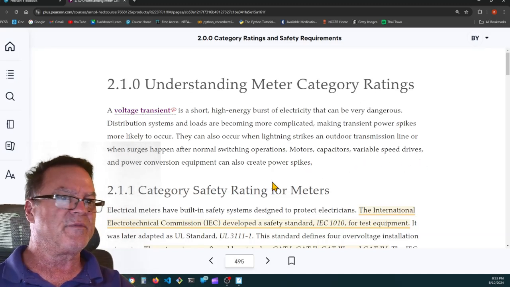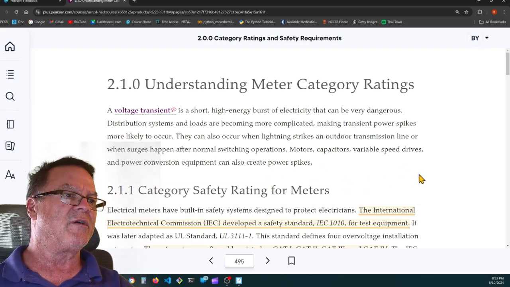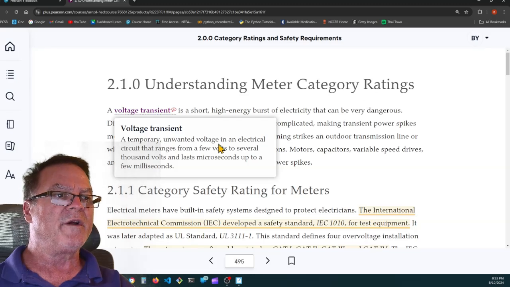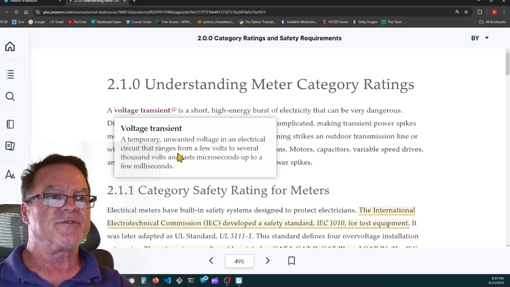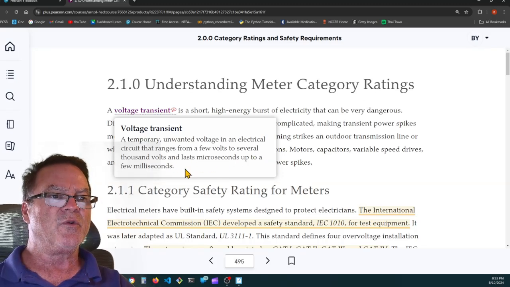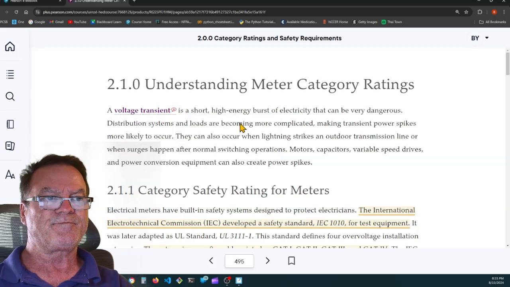Motors, capacitors, variable speed drives, and power conversion equipment can also create power spikes. So a transient is a temporary unwanted voltage in an electrical circuit that ranges from a few volts to several thousand volts and lasts microseconds up to a few milliseconds.